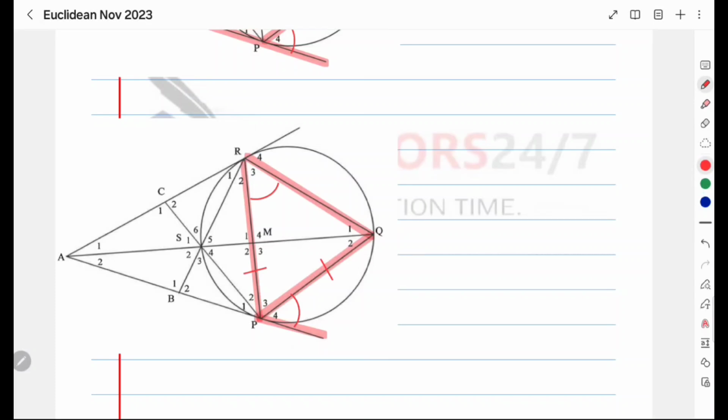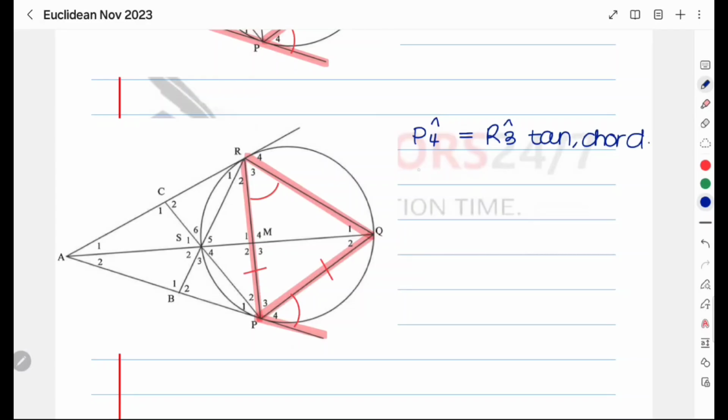It was given in the question, which means that if P4 is equal to R3 and R3 is equal to the whole of angle Q, we can then connect P4 to the angle Q like we wanted. So we are going to state that P4 is equal to R3. Our reason is tan chord.